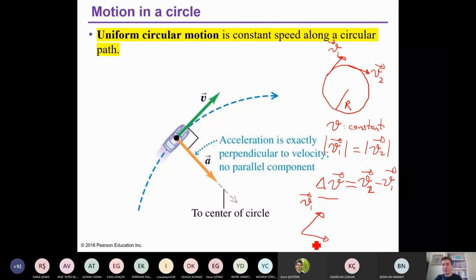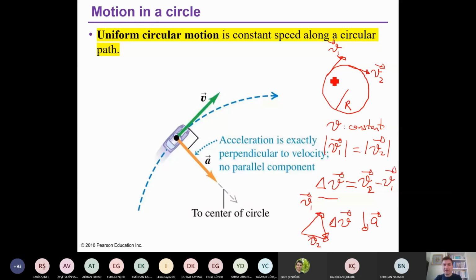They have the same magnitude but different directions. Then this is delta v. And the direction of delta v and the direction of the acceleration are the same, as we discussed during the last lecture.